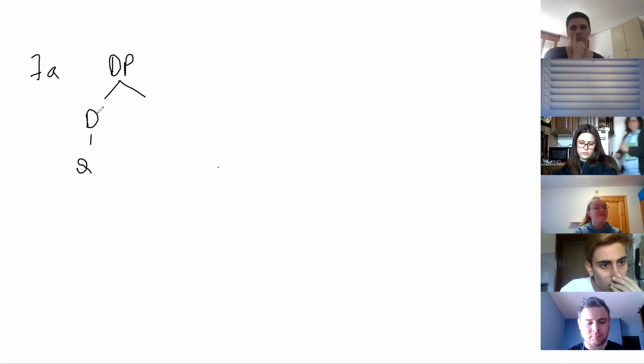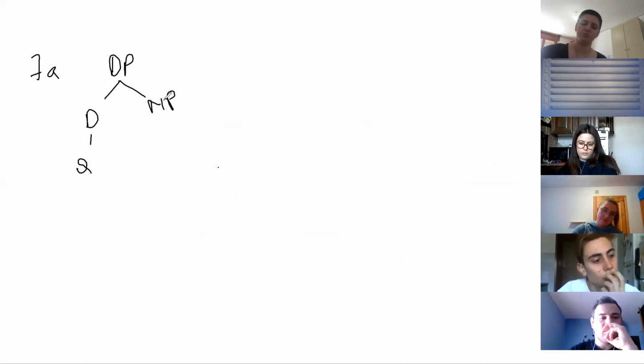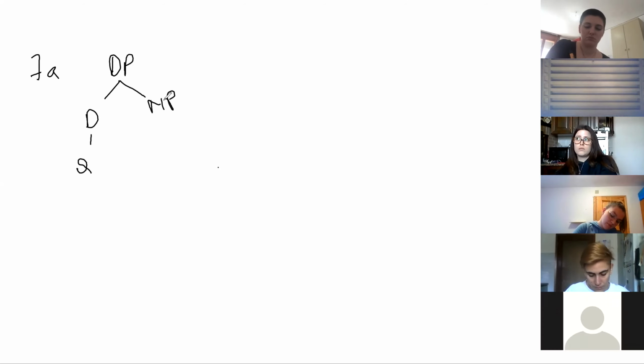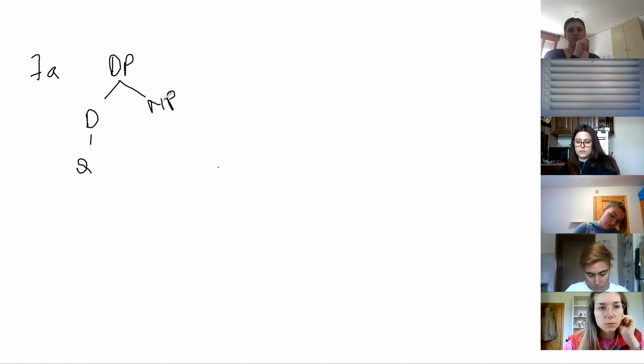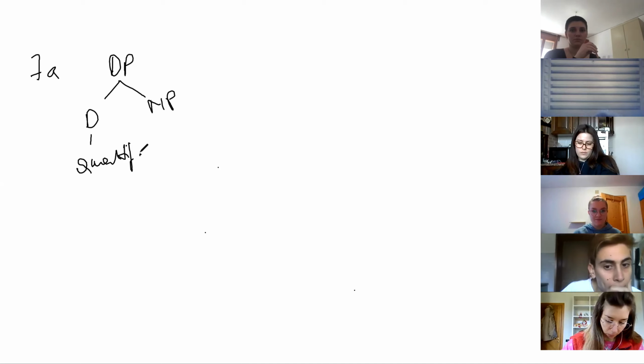Okay, then the DP in 7a has a noun phrase because all DPs in 1997 had a complement, so D is a functional head. It may be filled by a number of things, such as the quantifier. So the quantifier is actually a lexical item that is of category D, according to Kierkegaard.